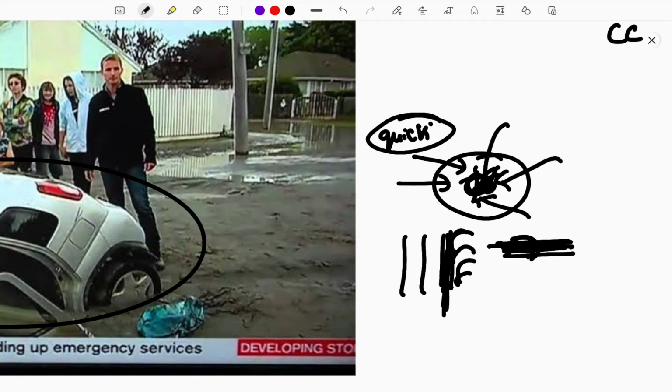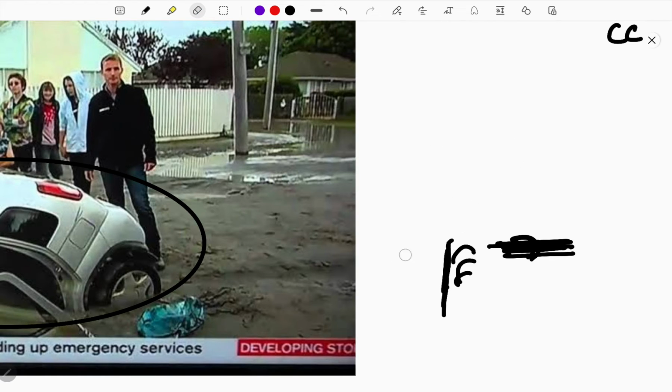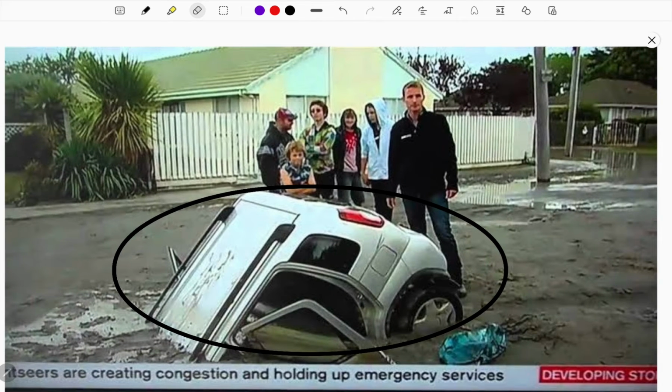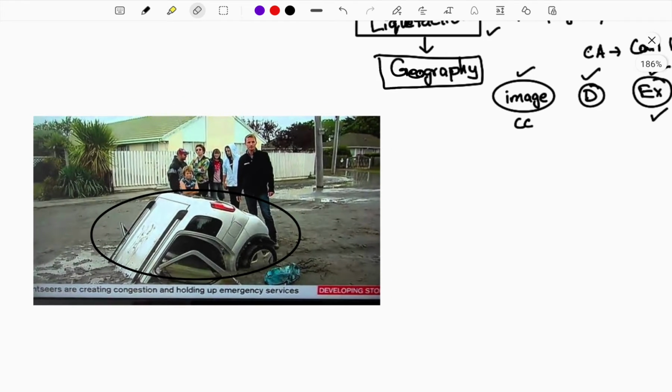But after rain or a similar situation, you will find that it has sunk into the earth and is no longer equal to the surface level. Why is this happening? The soil present there interacts with liquid, and then it acts like a liquid.